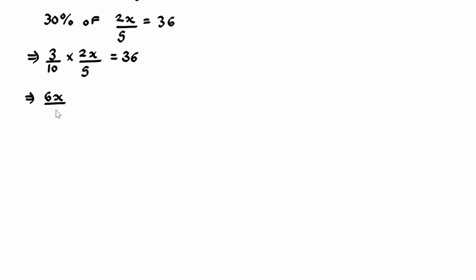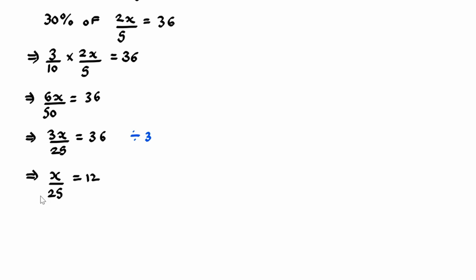So we've got 6x over 50 equals 36. So, dividing top and bottom by 2, we have 3x over 25 equals 36. And if we divide through by 3, you'd find we have x over 25 equals 12.